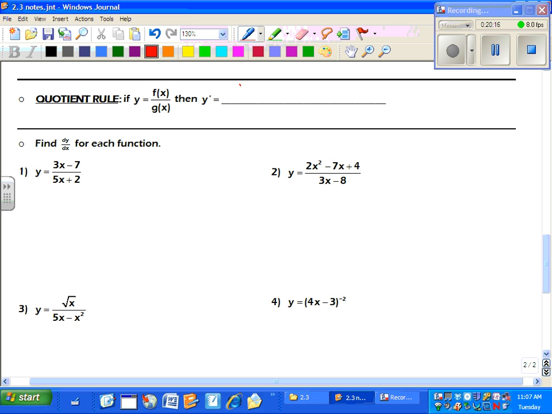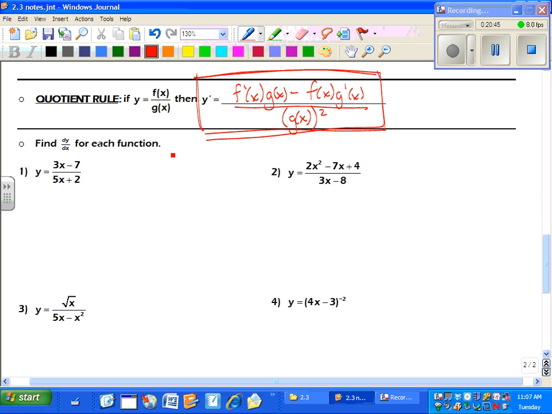On the top, we're going to have the derivative of the first function times the bottom function, or derivative of the top times the bottom, minus, so in this case it's subtraction instead of addition, the top function times the derivative of the bottom, all over the denominator squared. So again, quotient rule, very important. We'll be using it all year. You need something to put on your review sheet.